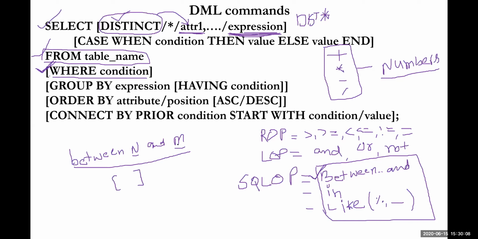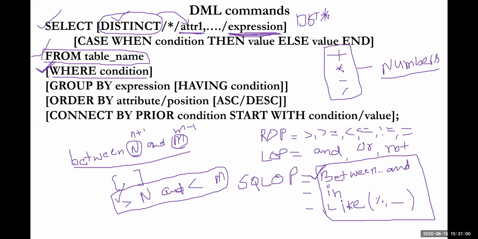But if I don't need greater than or equal to or less than or equal to, only greater than and only less than, meaning these values are not included in my condition, then what does it mean? It means from n plus 1 to m minus 1.